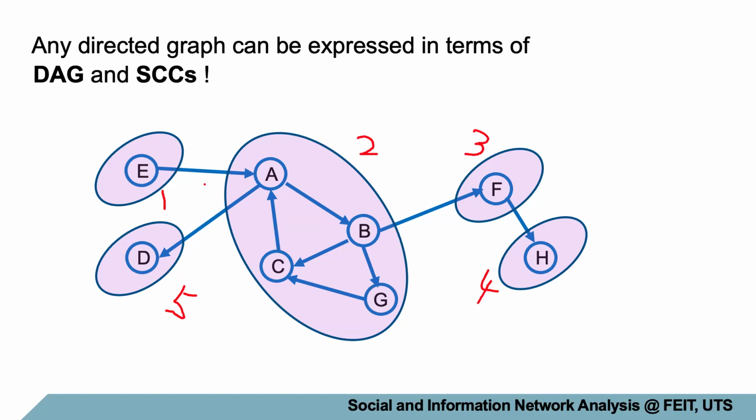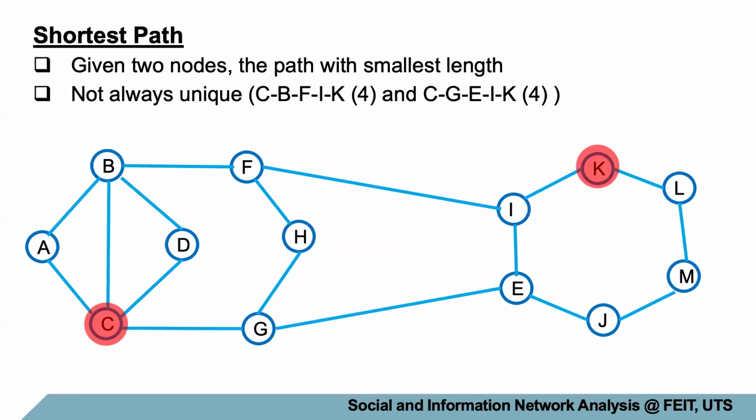This procedure is very useful for graph problems like reachability, because it decreases the size of the graph. If we contract these SCCs, the contracted graph will be much smaller. So next we talk about the shortest path.